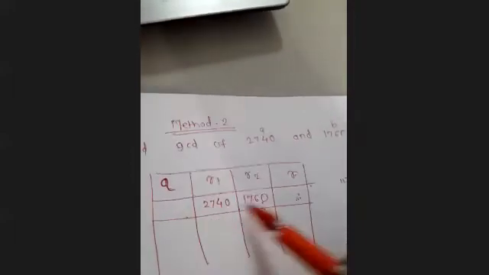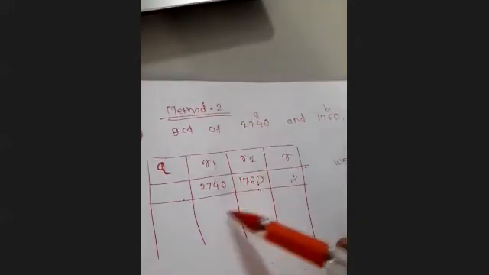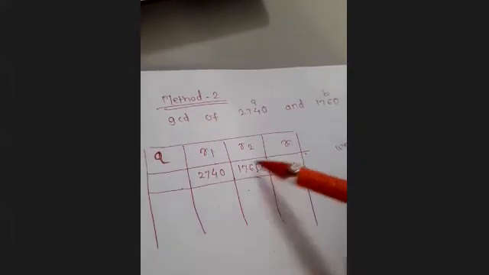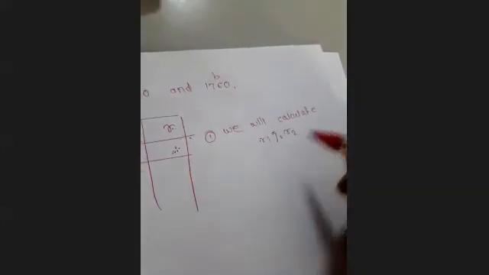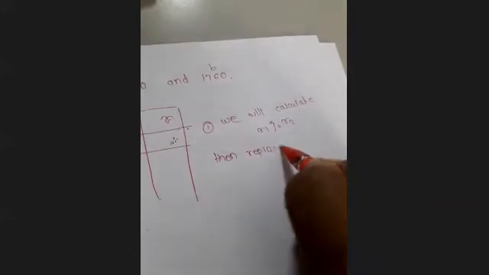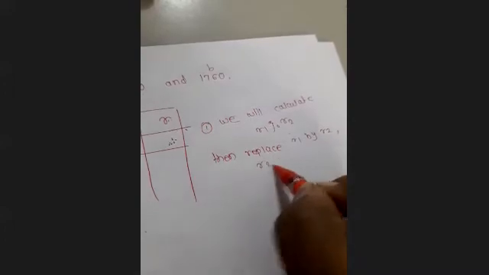Once the first step is executed, we replace R1 with R2 and R2 with R. This will be the first step: we calculate R1 mod R2, then replace R1 by R2 and R2 by R.